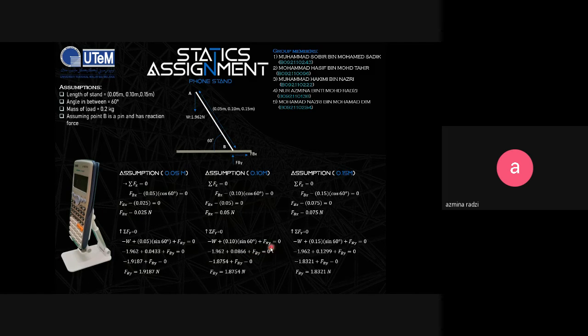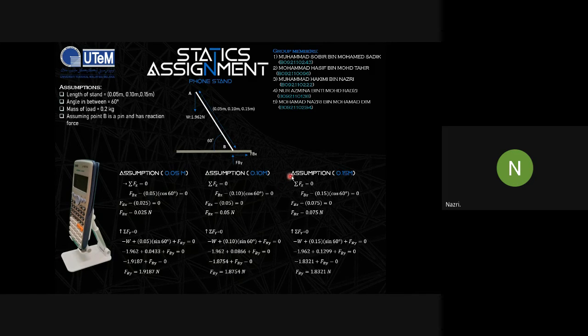We sum the weight with the FBA, we get negative 1.8754 plus reaction force on the y-axis equals 0. So the reaction force FB on the y-axis is 1.8754 Newton. I will pass to my next member.